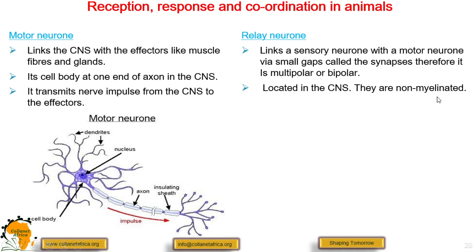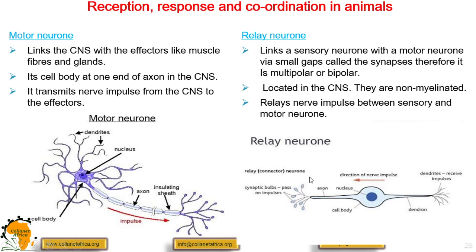It is said to be non-myelinated. Therefore, it relays nerve impulses between sensory and motor neuron. That is why sometimes it is also called a connector neuron. So it can be either bipolar or multipolar because there are a number of dendrites from the cell body.